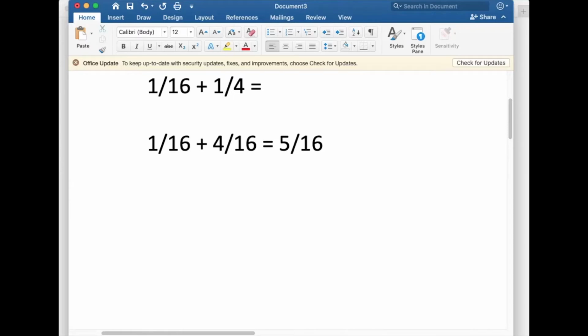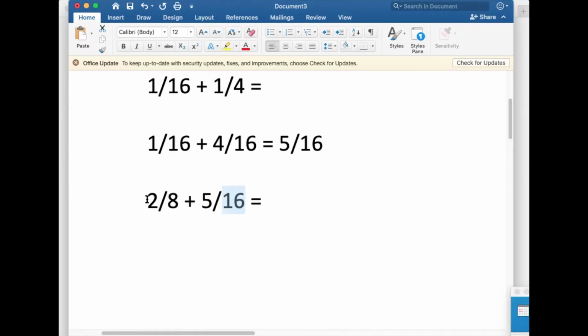Let's do 2/8 plus 5/16. Now again, we're finding the common denominator, which is typically our biggest number. So 16ths, we've got to get 2/8 to 16. 8 times what is 16? 2.